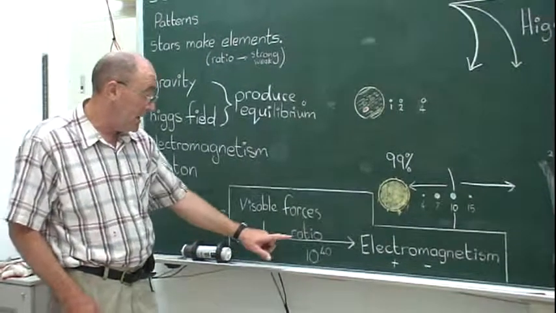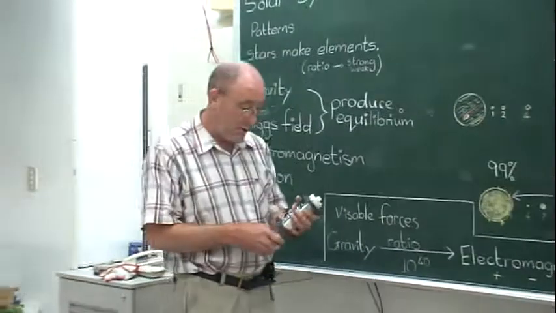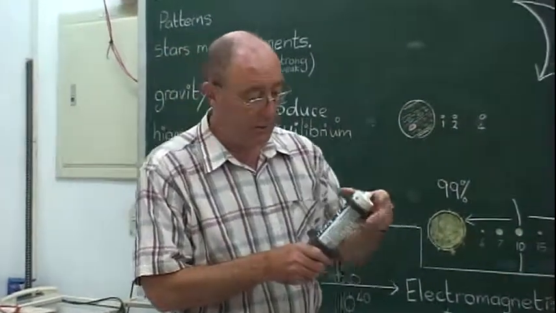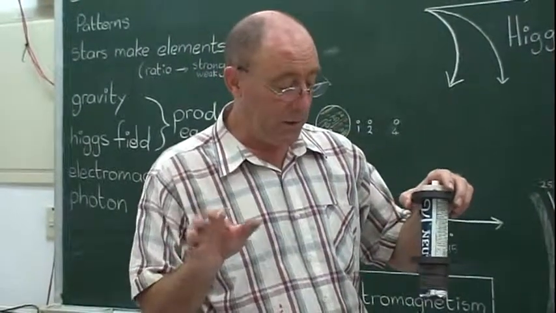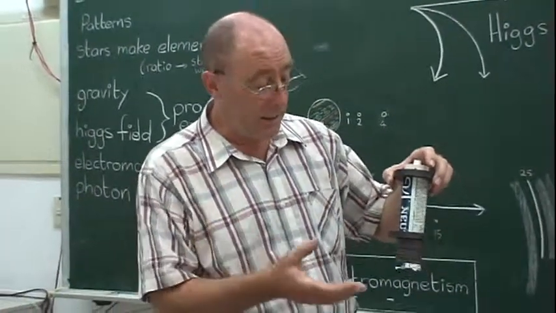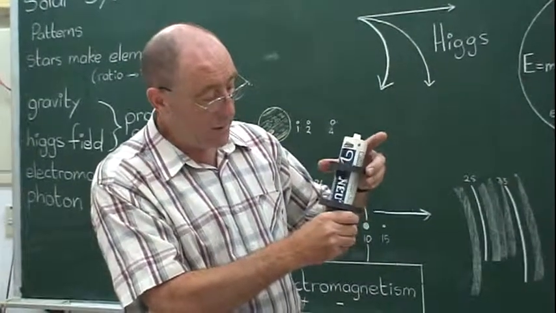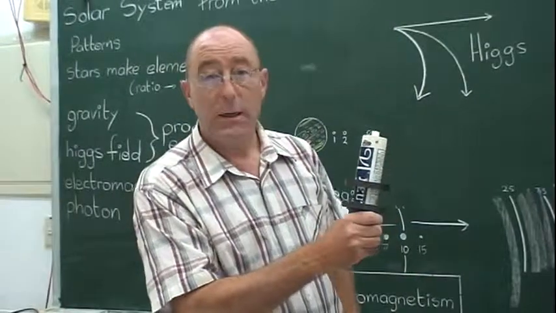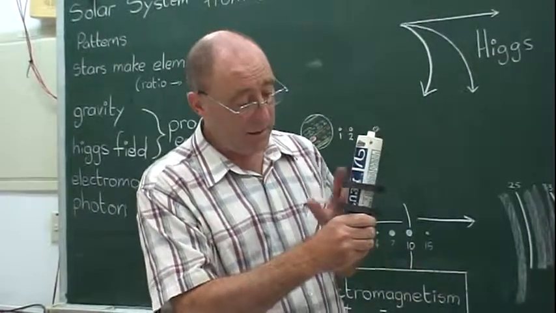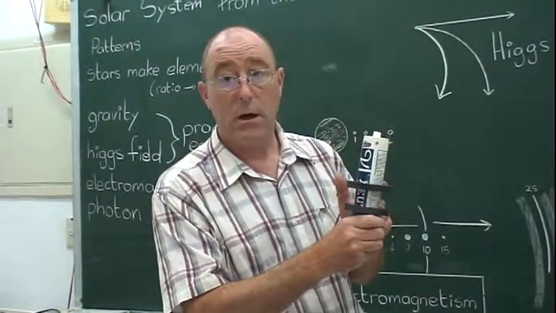Now, I can demonstrate this ratio to you just by using this. All the particles that make the Earth, the whole Earth, all the mountains and the oceans and all the hot iron inside are pulling this magnet down. But because there's a repulsive force between the magnets, it's much stronger than the whole Earth. That little magnet has a much, much stronger force than the whole Earth.